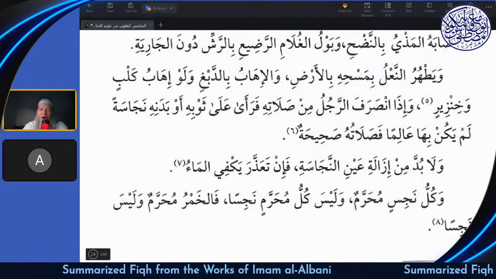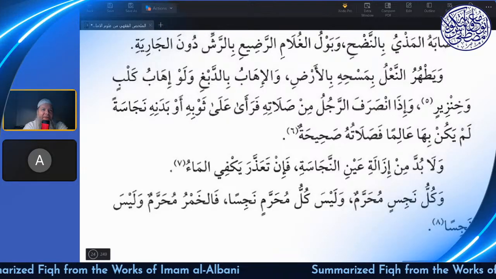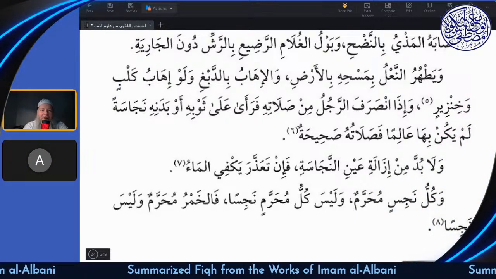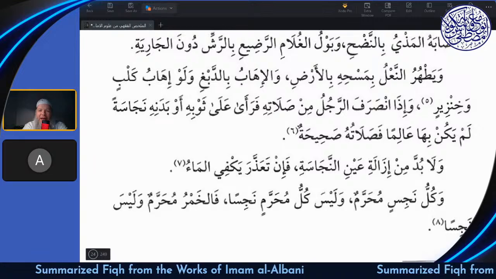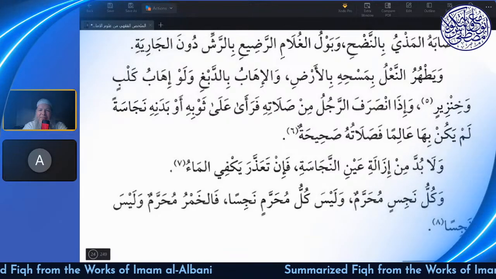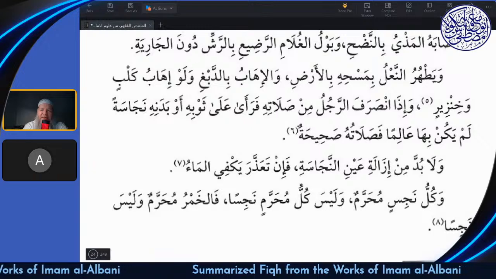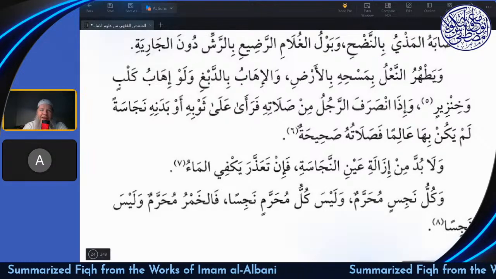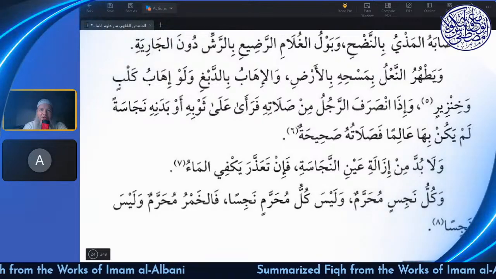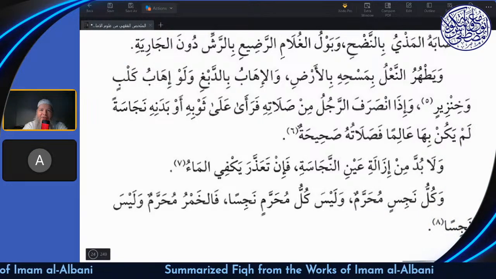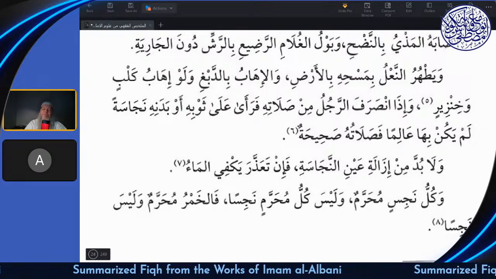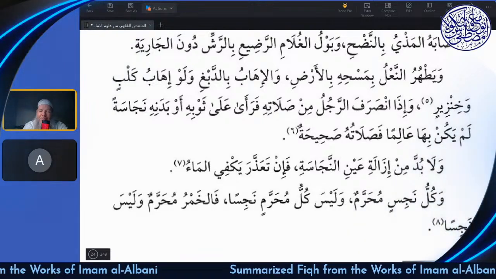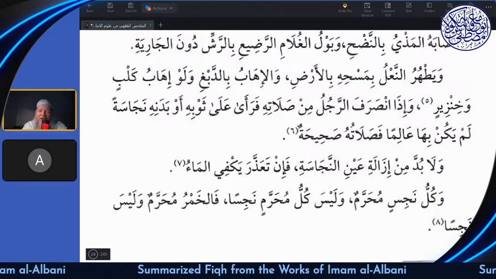And if someone were to walk in an area where there is a lot of feces or urine, like a shepherd or a farmer dealing with animals, then any najis that might come on his shoes is cleaned by the earth as he walks. Similar to the woman when the Prophet ﷺ told the men to have their clothes above their ankles and the women to have their clothes below their ankles by an arm's length. Then the women asked the Prophet ﷺ, what about any najasa that might come on her dress because she drags it on the ground?